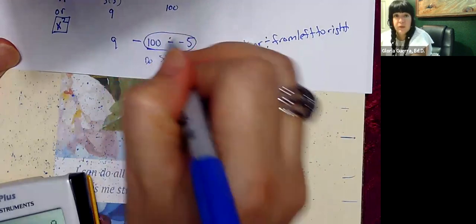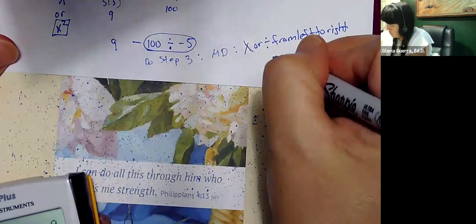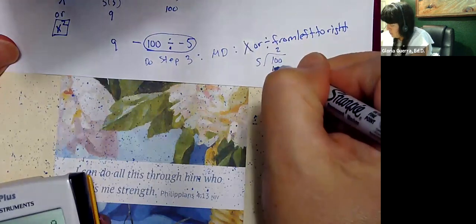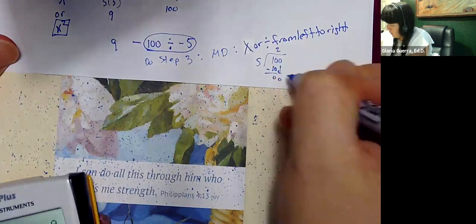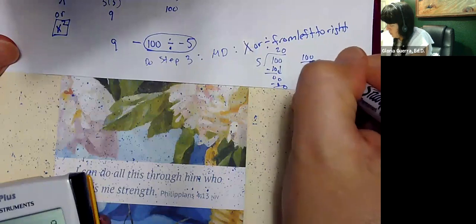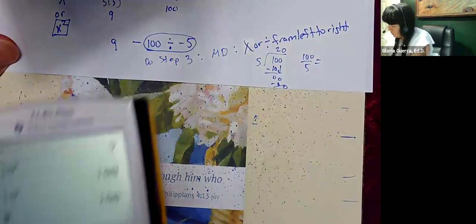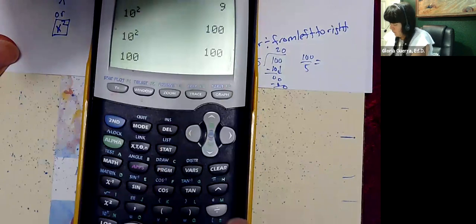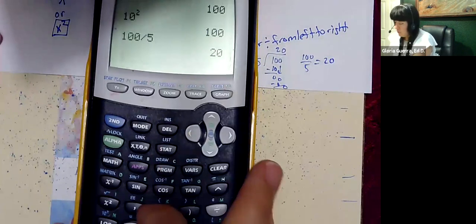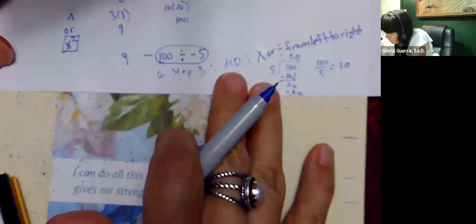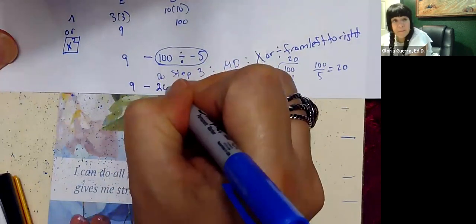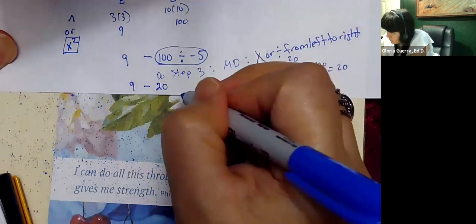So you're going to divide: 100 divided by 5. 5 goes into 10 twice. Bring down the 0. 5 doesn't go into that. So 100 divided by 5 is 20. Now let me come back over here. So now I have 9 minus 20. Okay, let me come back this way up here.